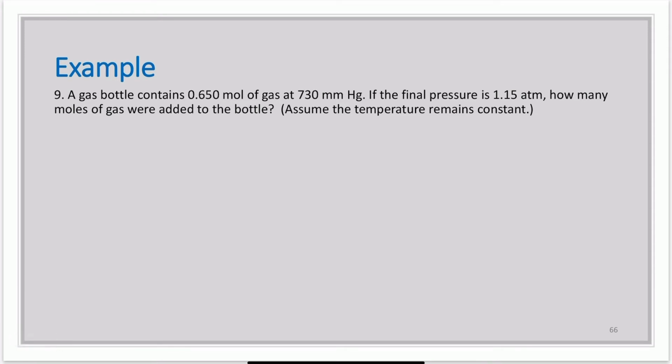A gas bottle contains 0.650 moles of gas at 730 millimeters of mercury. If the final pressure is 1.15 atmosphere, how many moles of gas were added to the bottle? Assume the temperature remains constant. So your combined gas law, P1V1 over N1T1 equals P2V2 over N2T2, says I have moles and pressure, final pressure, how many moles?